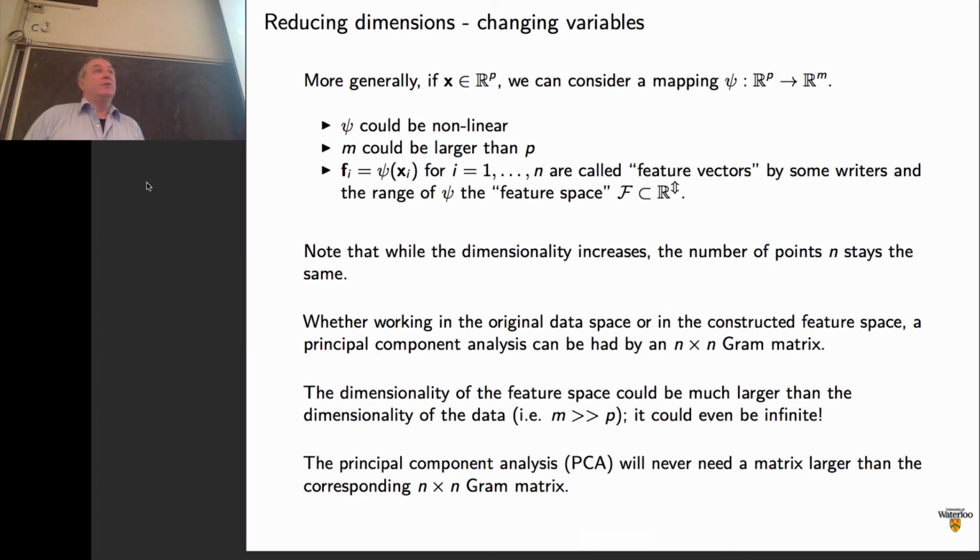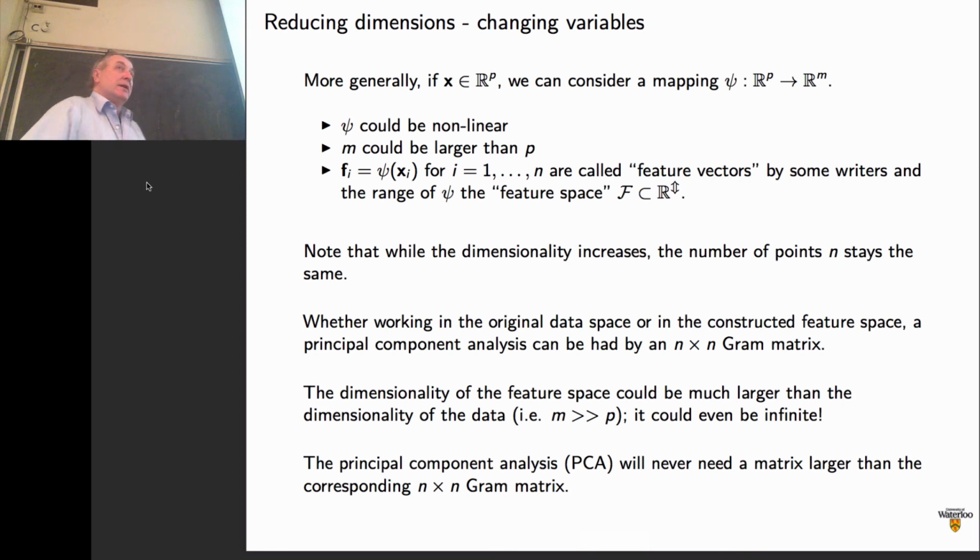So, continuing from last day, we're looking at reducing dimensionality, but doing it in this funny way where we first increase the dimensionality into a nonlinear space and then decrease the dimensionality, looking for structure there.